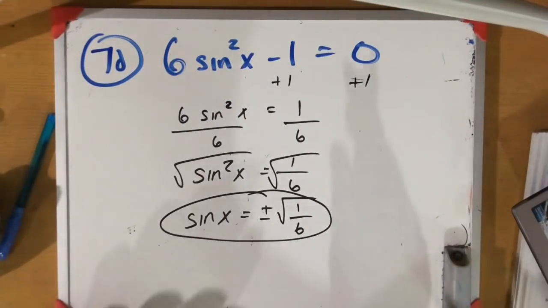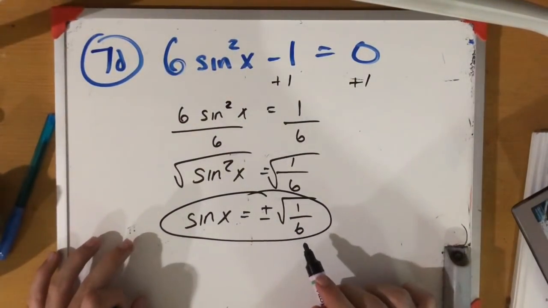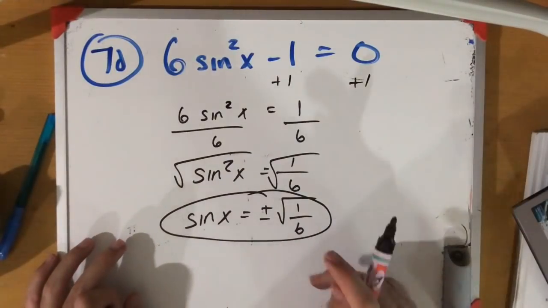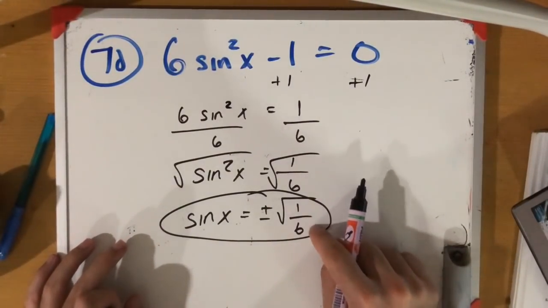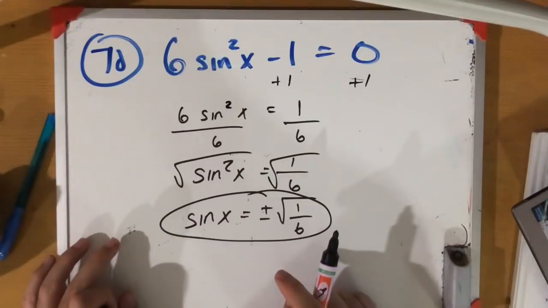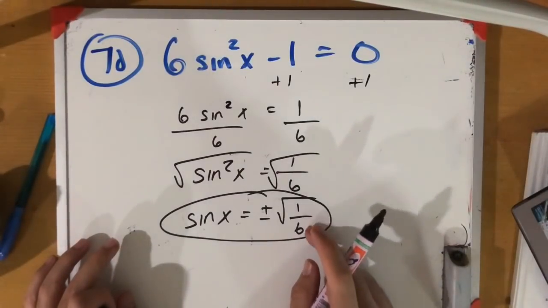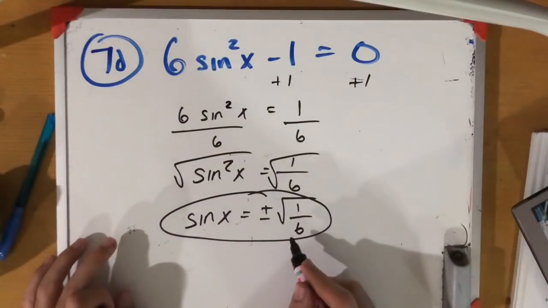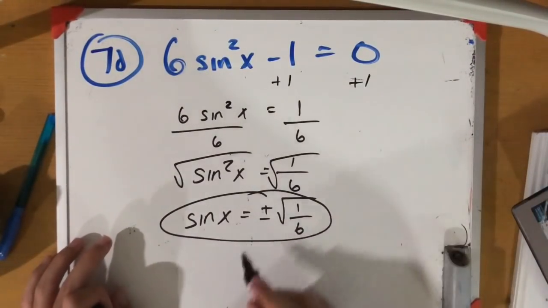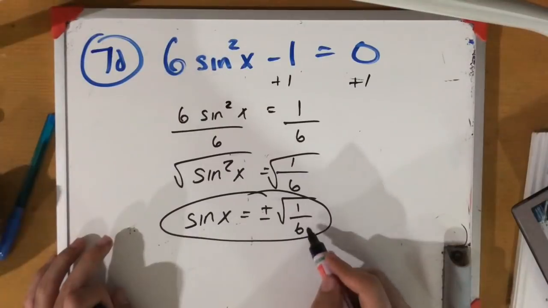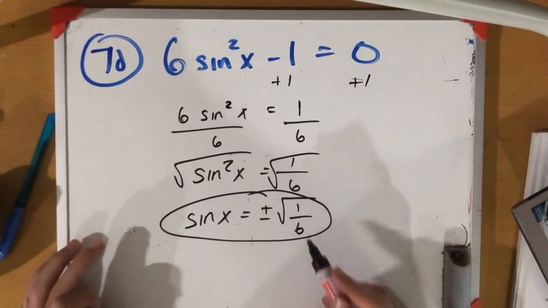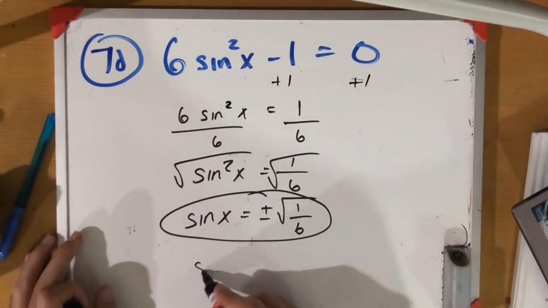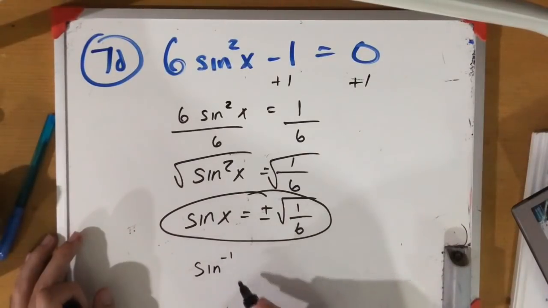Now here, you're going to have to use your calculator. So this is your ratio of the sides according to sine. You'll have to find out what the angle is, or the base angle, according to this ratio of sides. How you do that is you go in your calculator and you say, well, what is sine?